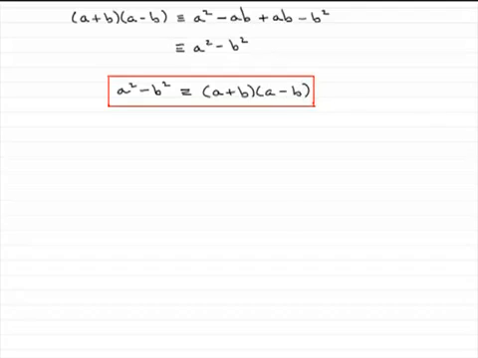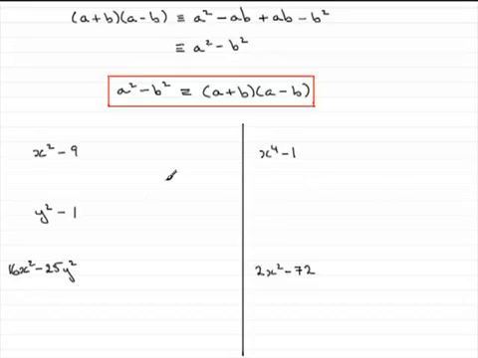So, let's have a look at some examples that have that particular pattern structure. Here I've given 5 examples. These last two are a little bit more involved, but they share this particular pattern structure. We've got two terms in each expression, with a minus sign between them, and each of them is the square of something.